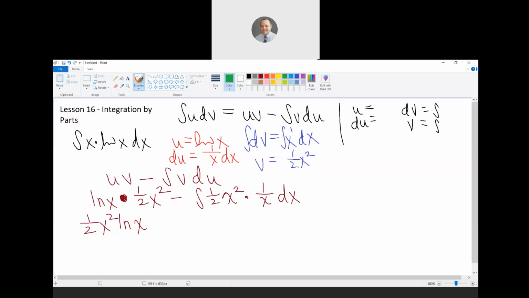Now, before we integrate, you can simplify the x's. So x squared divided by x is just x. And another thing we can do before we integrate is pull out the 1/2.